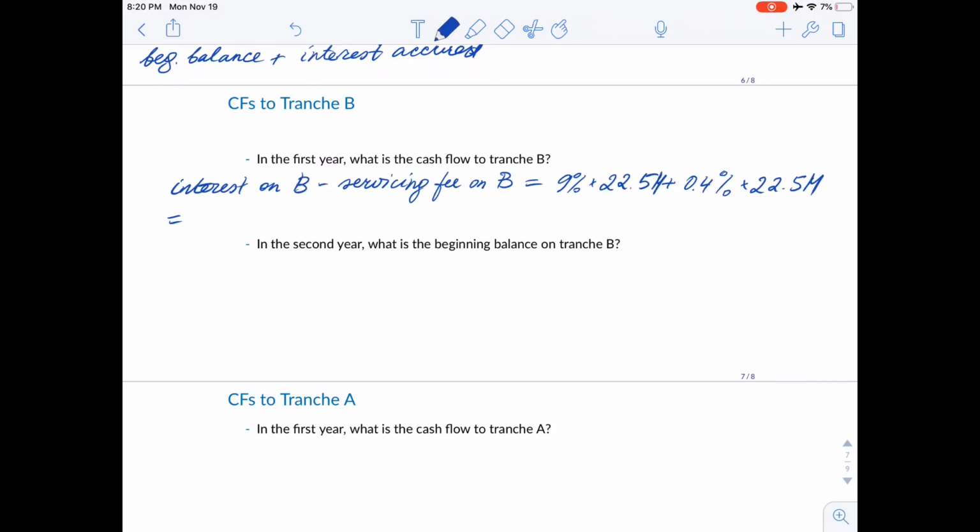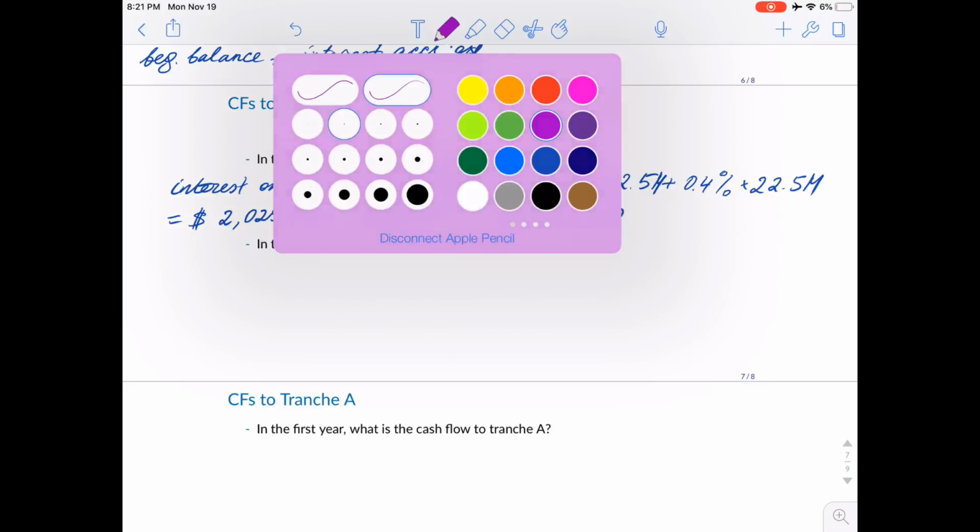Right, so I got that to be 2,025,000 for the interest, and the servicing fee is $90,000. So then the total cash flow to tranche B is $1,935,000 and $0.